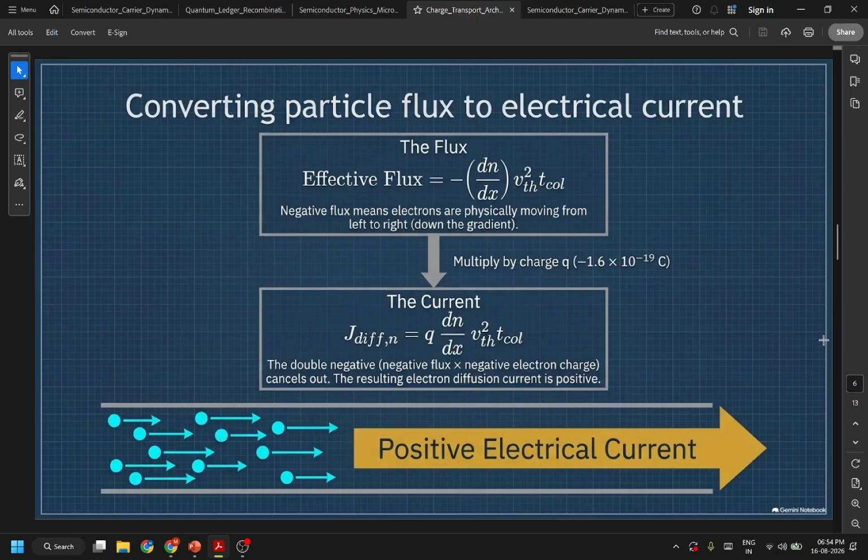So this is the individual movement of electrons. We multiply it with q, we get the current. So J_diffusion,n, which is the diffusion current density, is given as q dn/dx v_th squared tau_c. The negative flux times the negative electron charge cancels out, so the resulting electron diffusion current is positive.